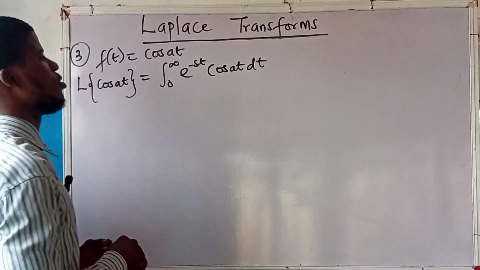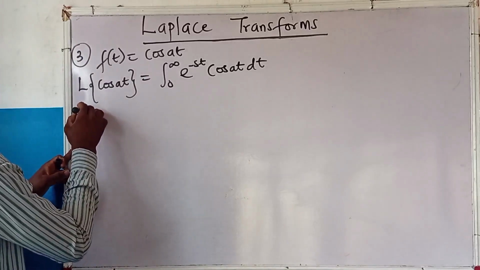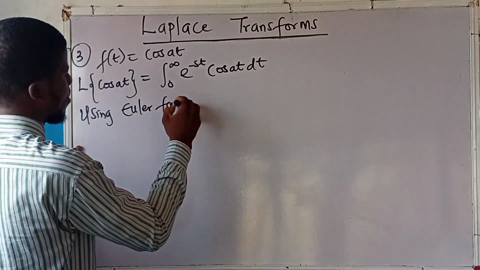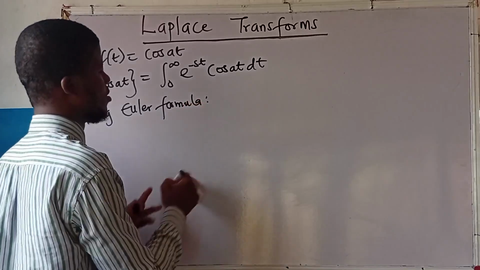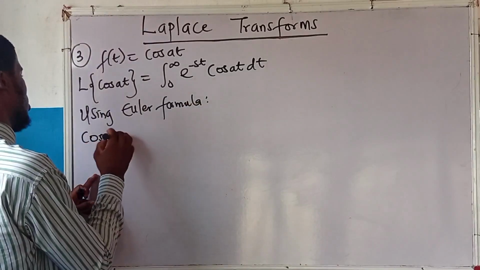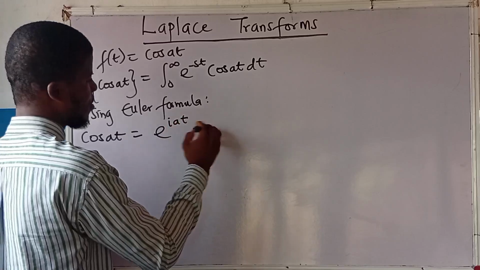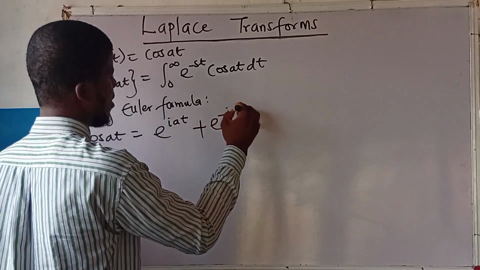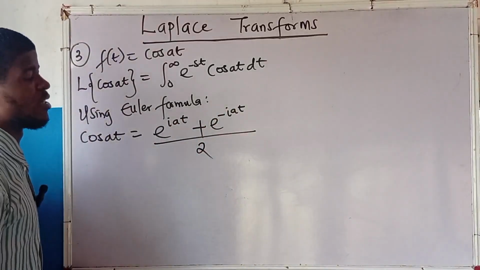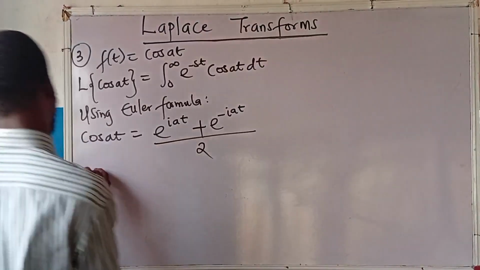To do this, I'm going to make use of the formula we call the Euler formula. The formula for cos at is equal to e to the power of iat plus e to the power of minus iat all over 2. Then for the sine, take note, let me write it here.